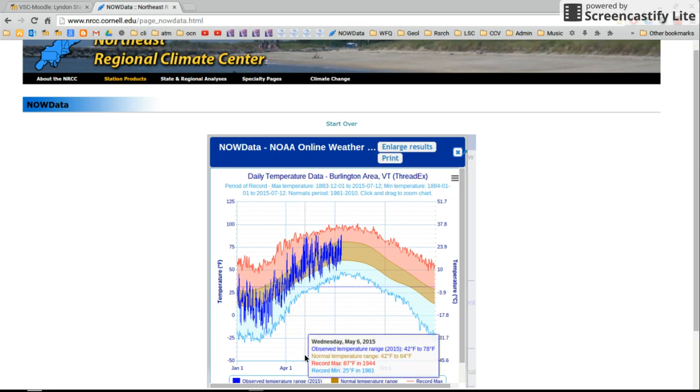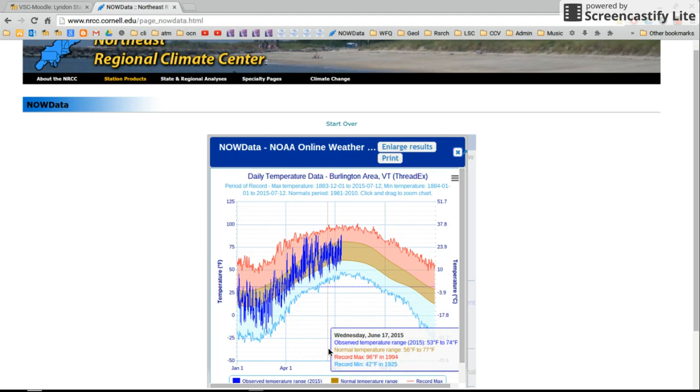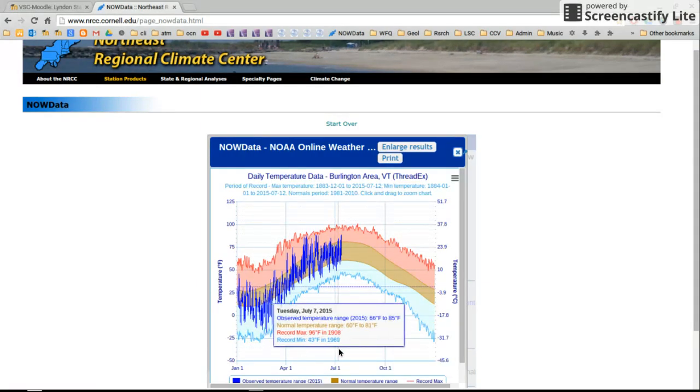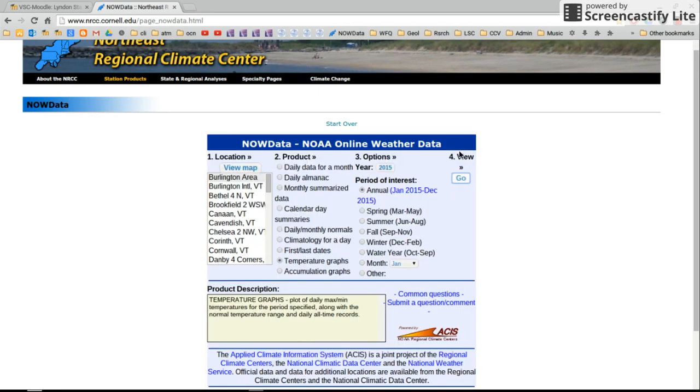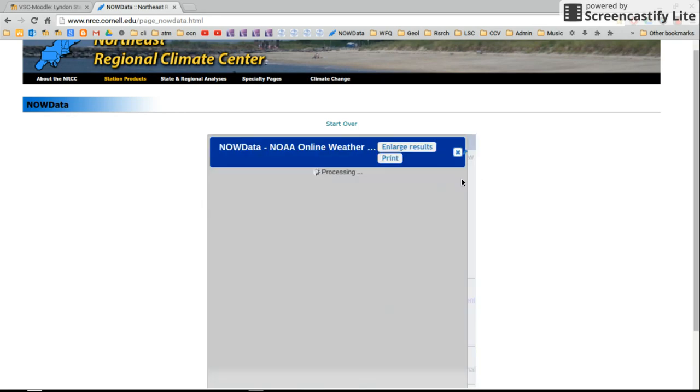You can see that there are periods in May, like right here, where temperatures are actually higher than normal, and you get near record temperatures for parts of this month. And then finally, you get into June over here, and July, where temperatures have been pretty close to the normal in the Burlington area.